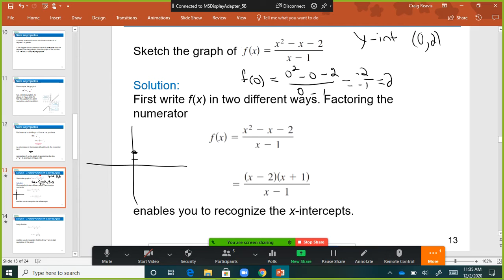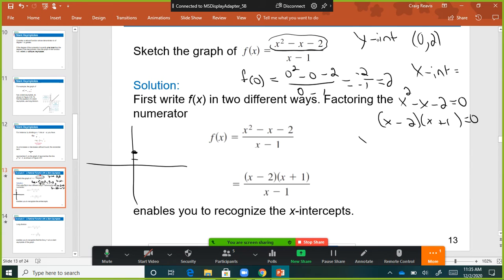Now, what about my x-intercepts, if there are any? Well, I get x-intercepts by setting my numerator equal to 0. So if I have x squared minus x minus 2 equals 0, and that's what they did there. You notice they factored it, so I've got to factor that. What will multiply to negative 2 and add to negative 1 would be negative 2 plus 1.